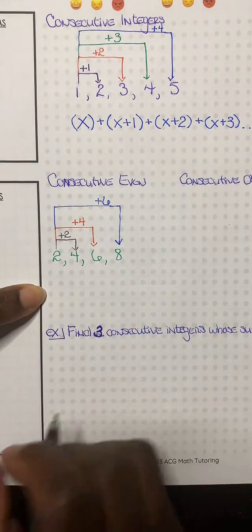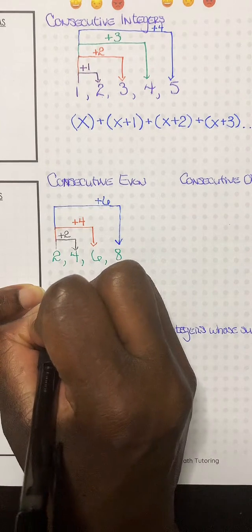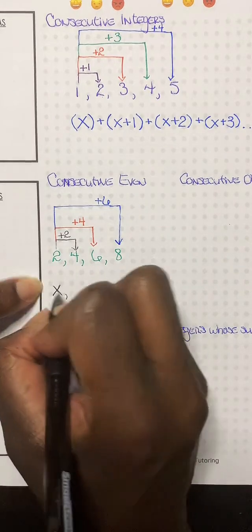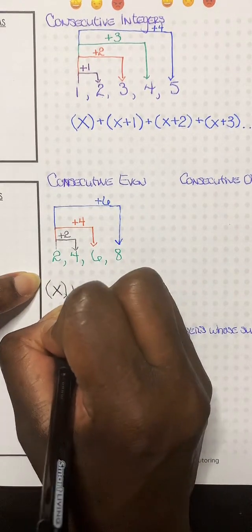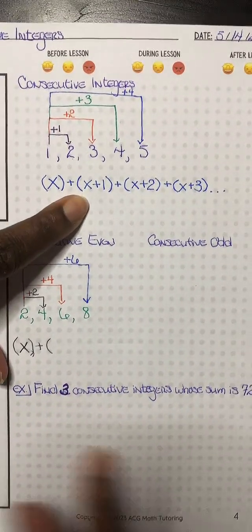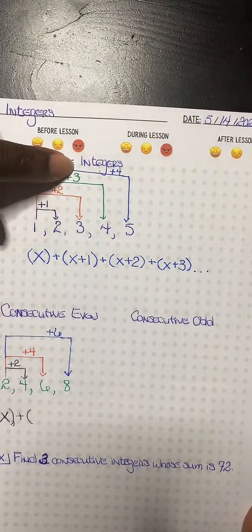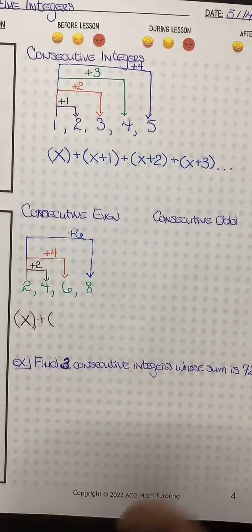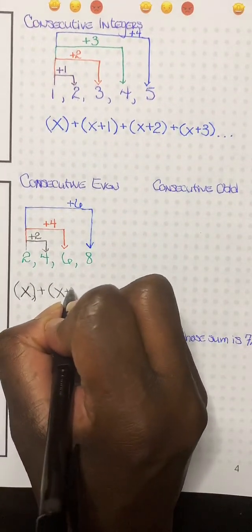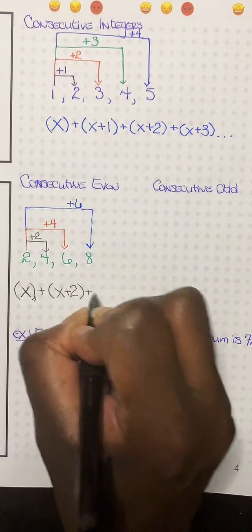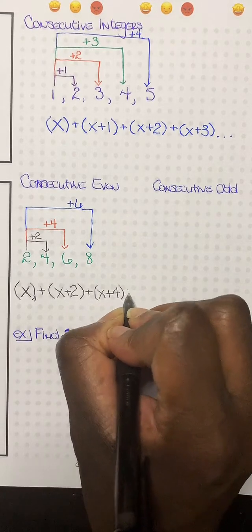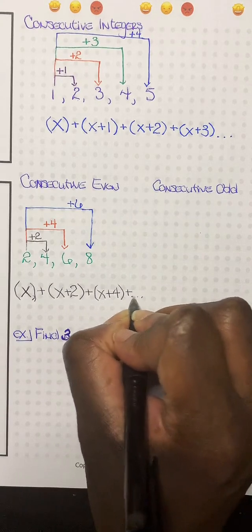So no matter where I start, wherever that integer is, in order for me to get to the next one, instead of +1 like we had here, because that was our pattern, +1, +1, +1, this time we're going to go x + 2, x + 4. Let me keep going.